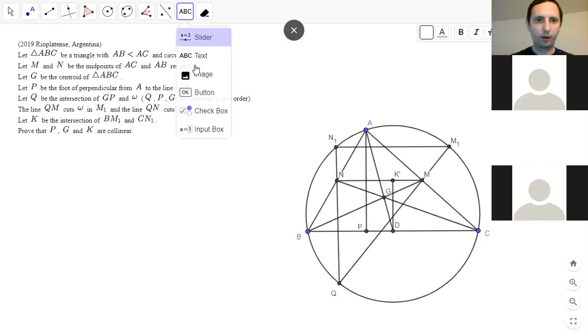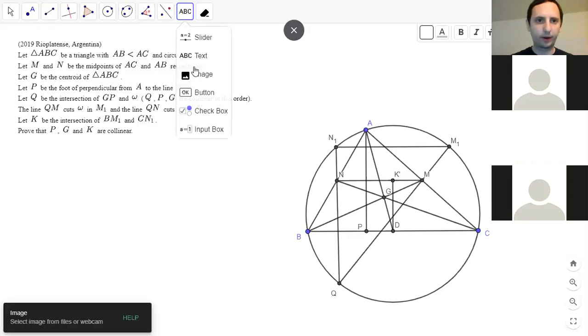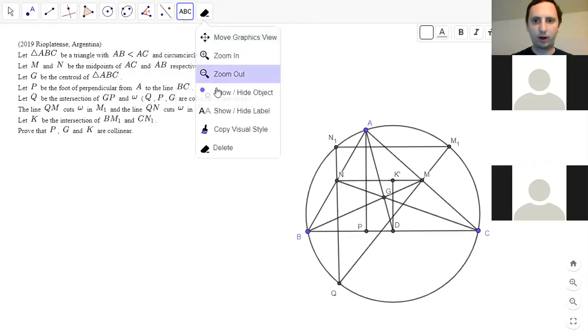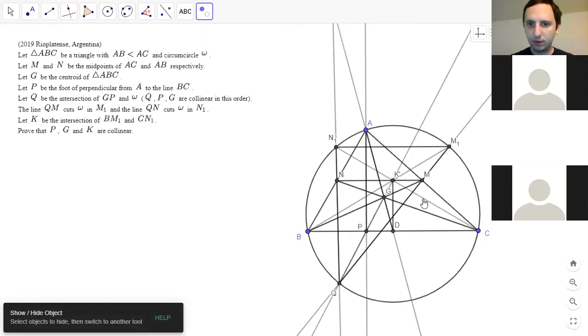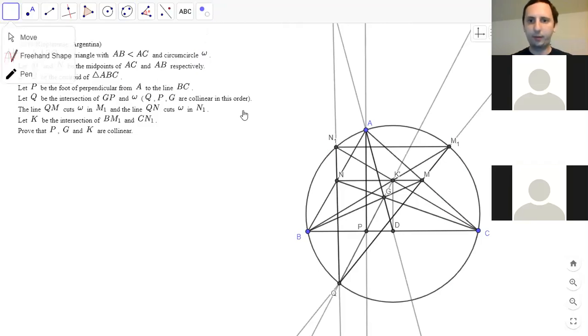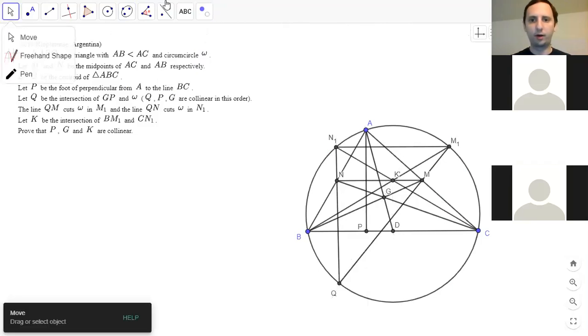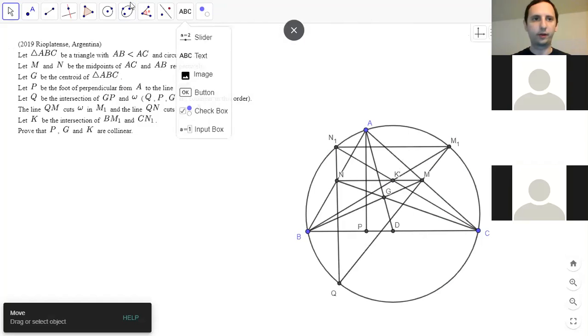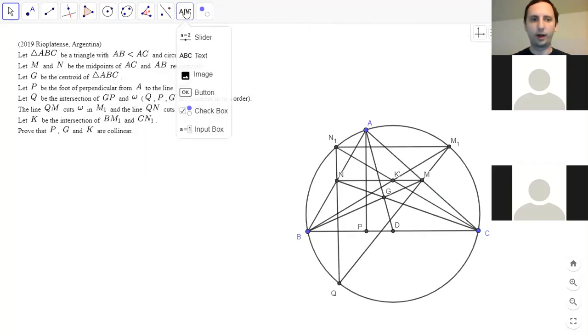Okay, hold on. I'm just going to write it up this way. I'm going to let K prime be the intersection of BM1 and CN1.